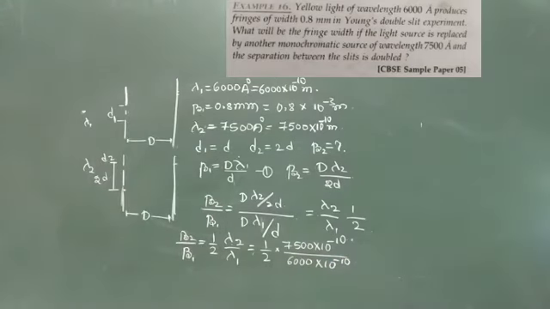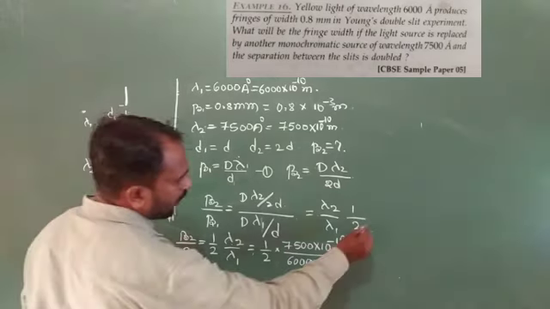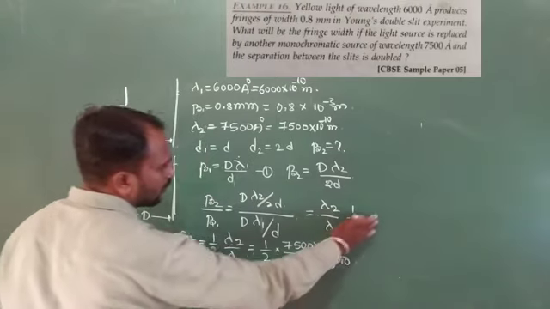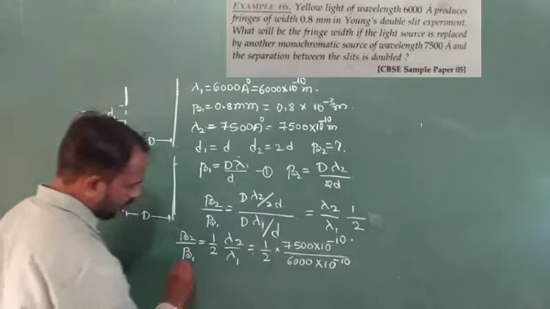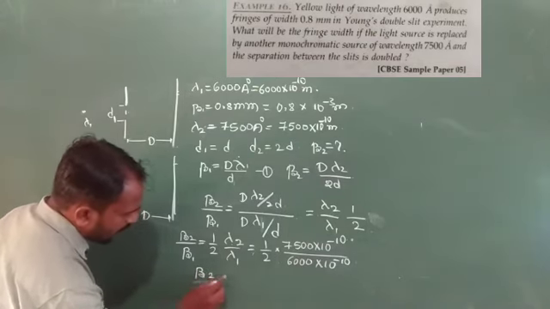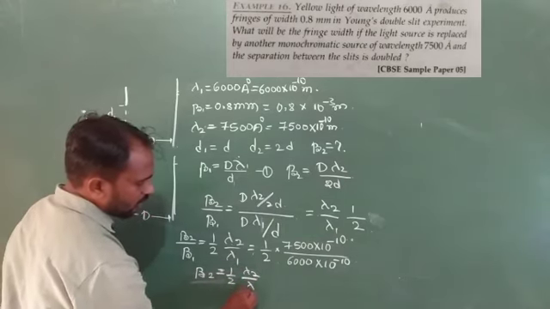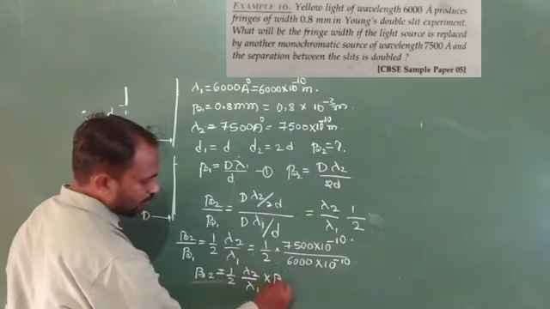The zeros cancel and 10 power minus 10 cancels, so 1 by 2, and here beta 1. So beta 2 is equal to 1 by 2 into lambda 2 by lambda 1 into beta 1.